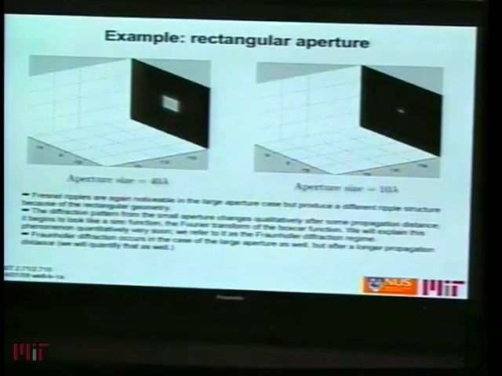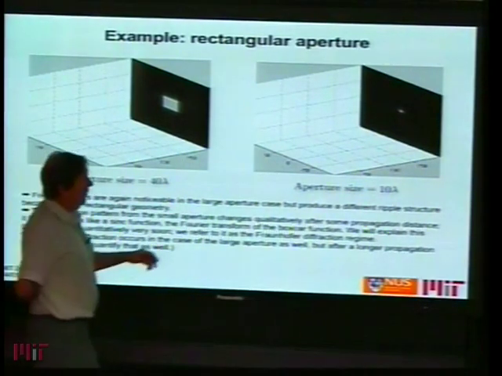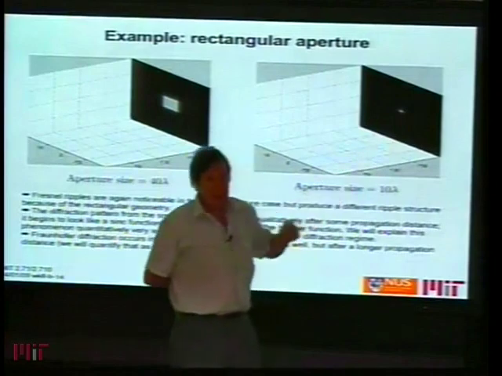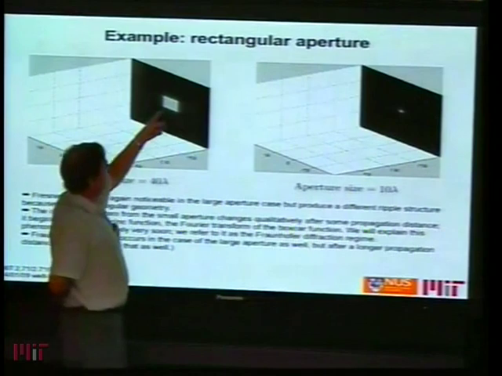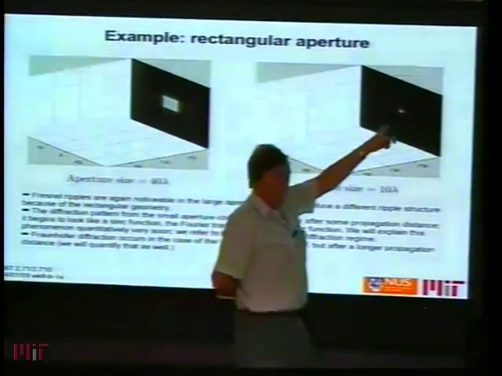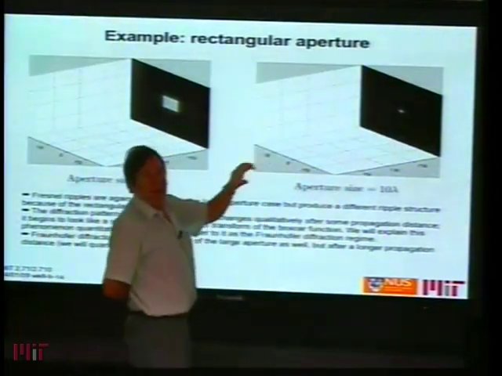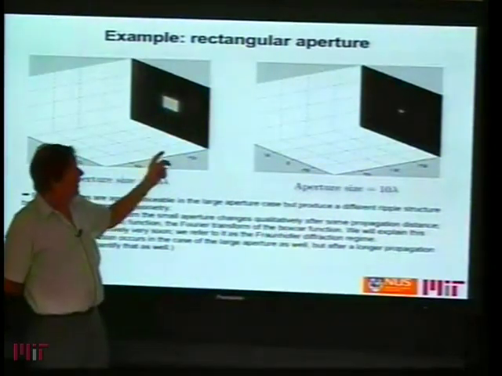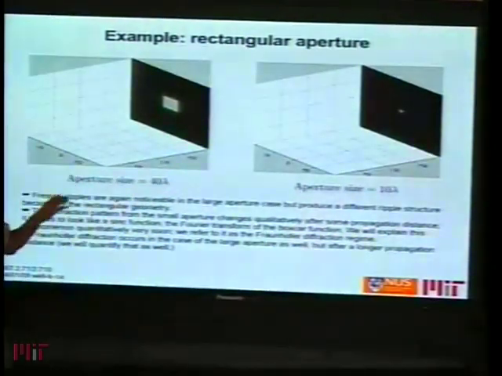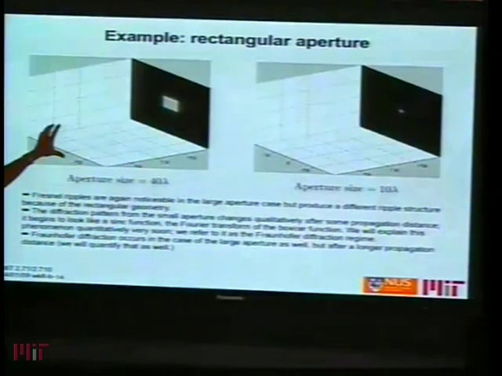As we're going to show later, this is very simply related to the Fourier transform of the structure, the object that we're going to look at. So this case here, eventually it would look like this, but we haven't gone anywhere near far enough for it to look like that. The distance you have to go depends on how big the aperture is.